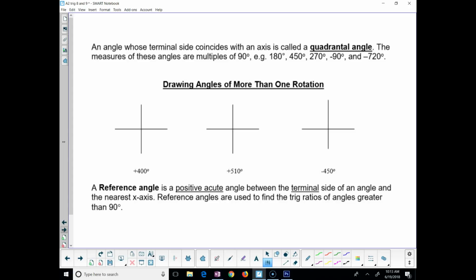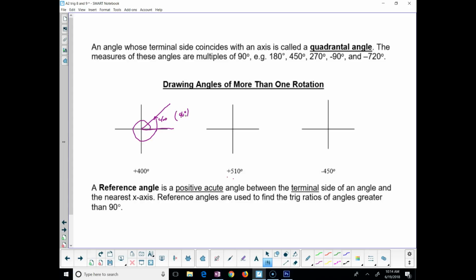If we have an angle in standard position starting at 0, you go 90, 180, 270, 360, and we still have some angle measurement to go. We have another 40 degrees. So this angle is 400 degrees, but if you noticed, it's also coterminal to 40 degrees. They look the same.